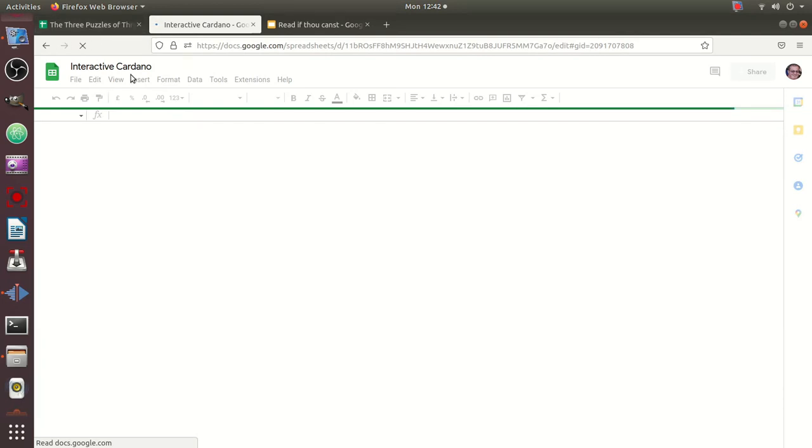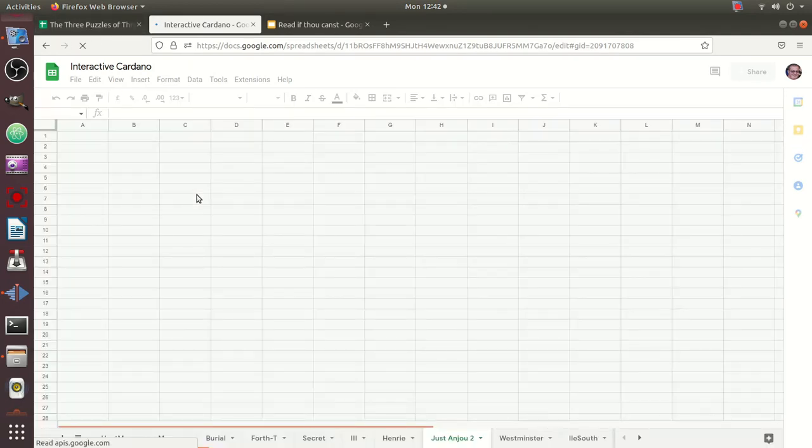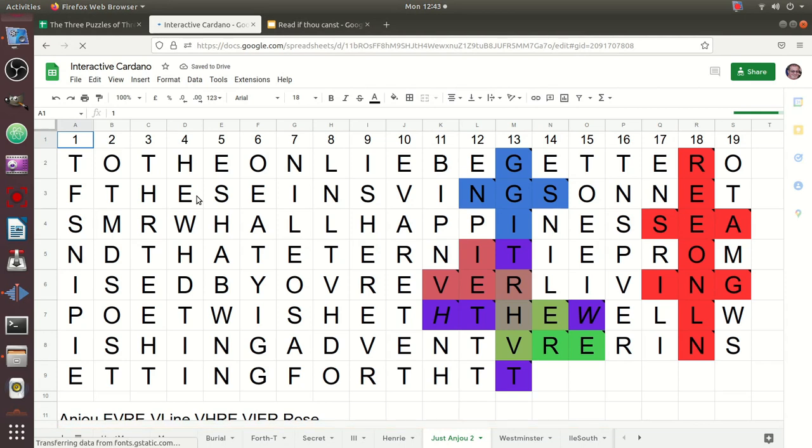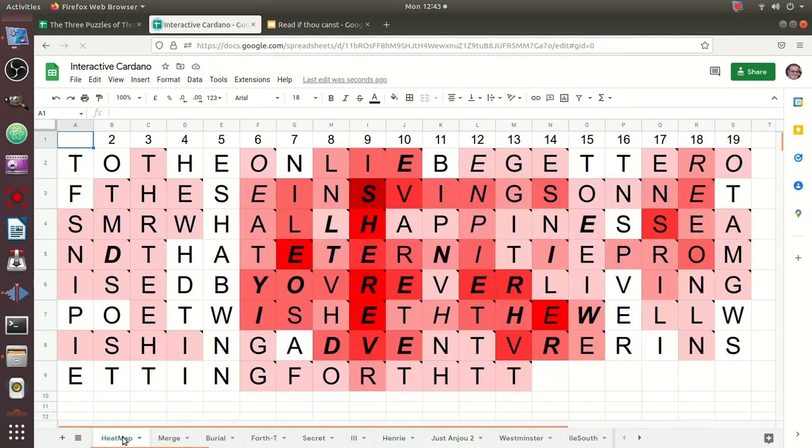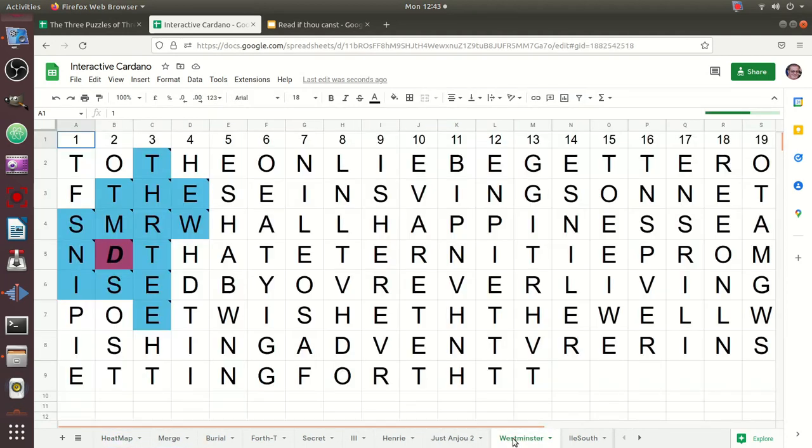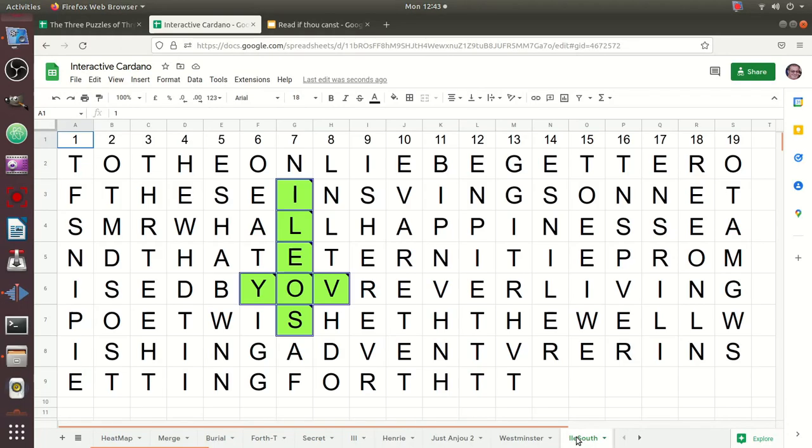So if you want any further explanation for that, now this is just a spreadsheet that I've made up where I've been able to put each of the individual rebuses on their own sheet, right? And then I can join them together.